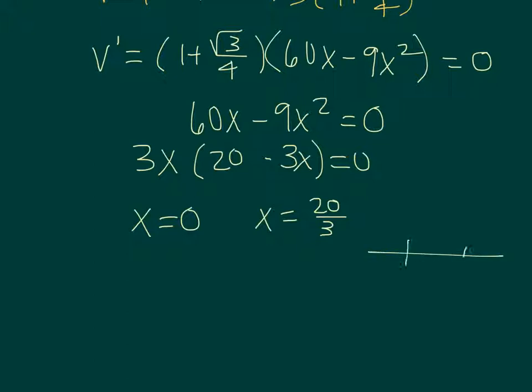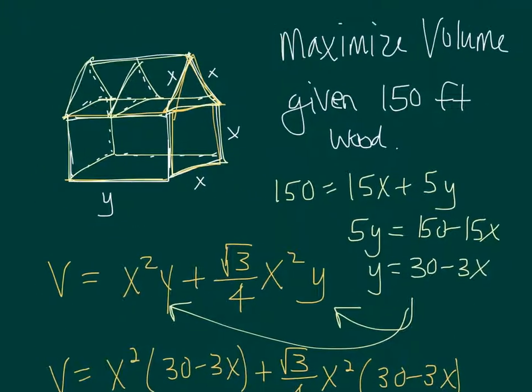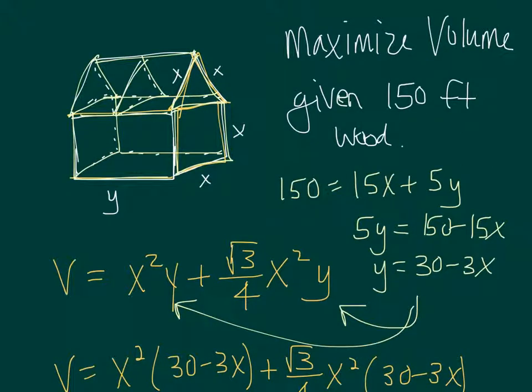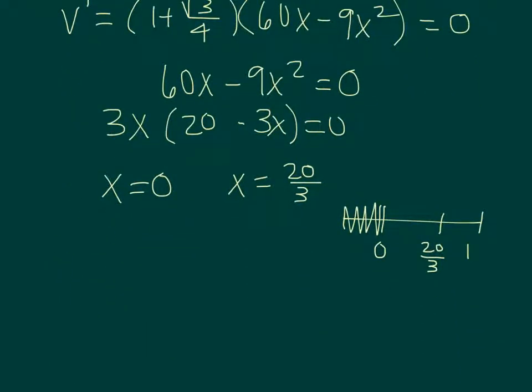It doesn't make sense to have an x less than 0. And the maximum value that x could technically be is, if there's no y, then x could be 10. So that's the largest x could be. Nothing over 10 makes sense.